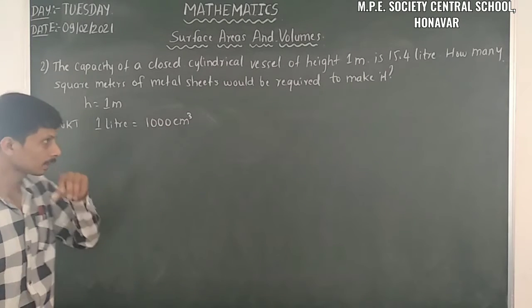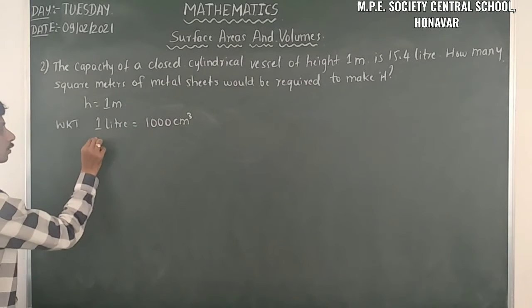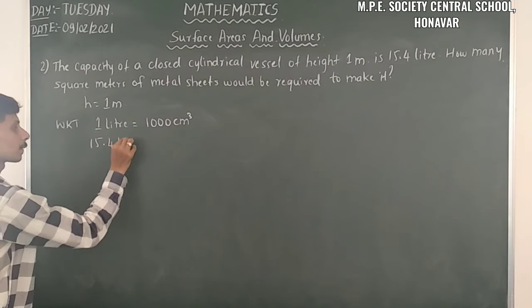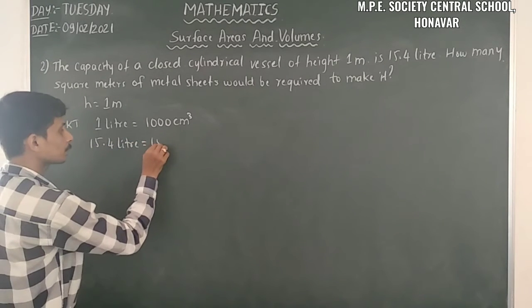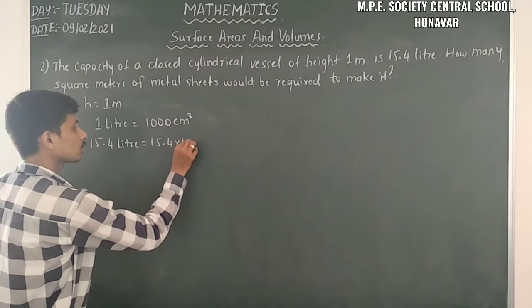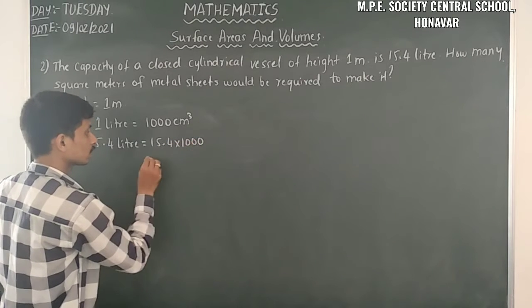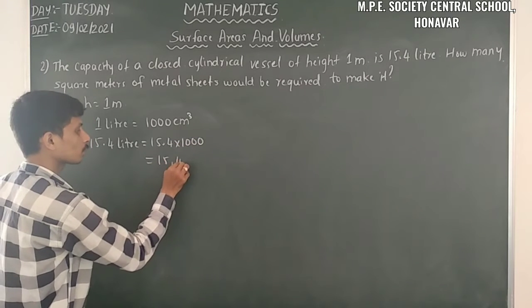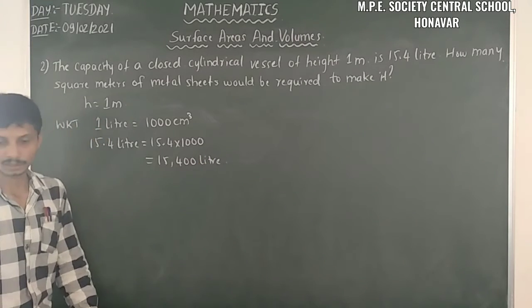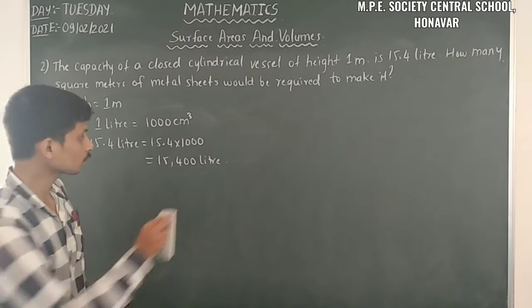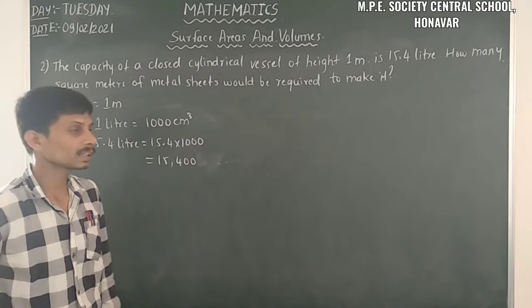Here 15.4 liters are there, so we multiply both sides by 15.4 into 1000, which is 15,400. Sorry, it is in centimeter cube.